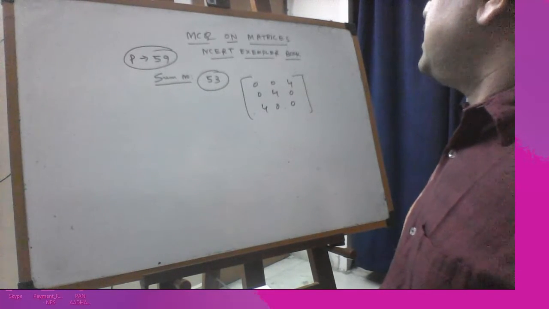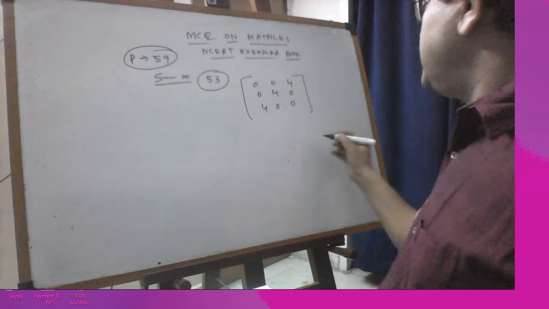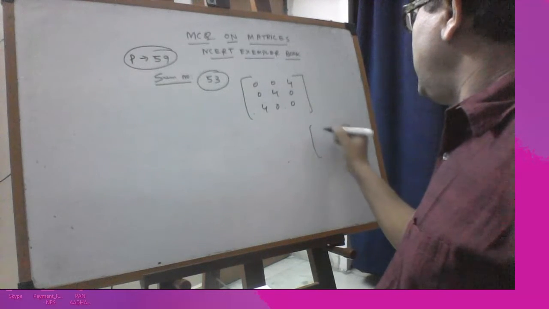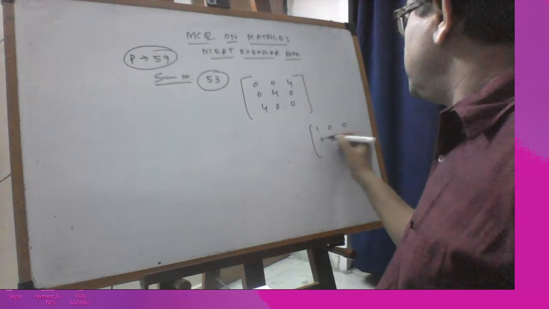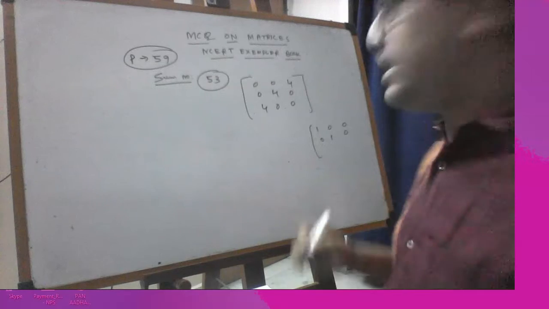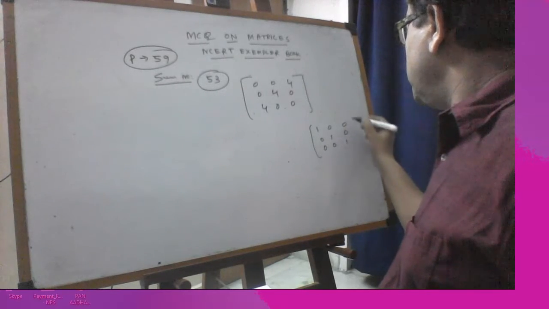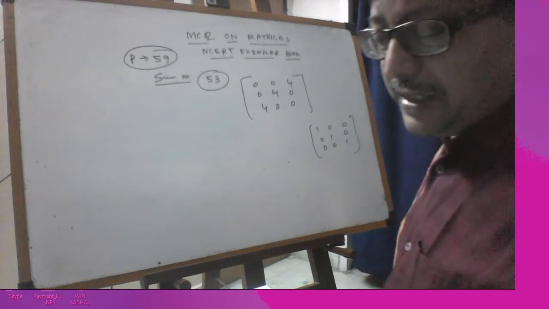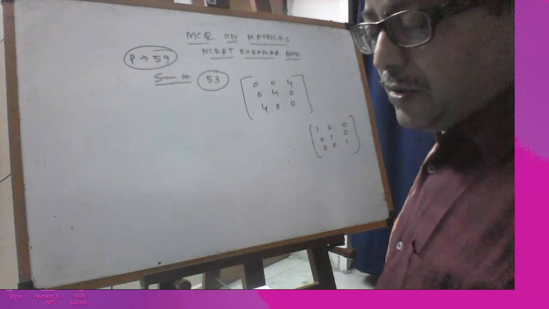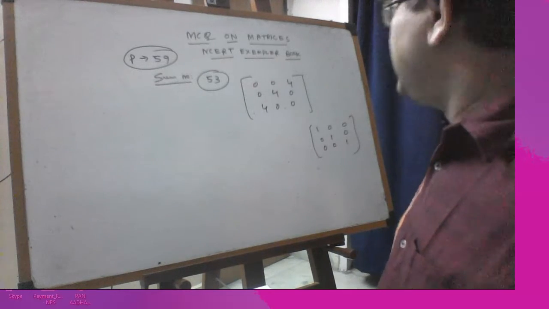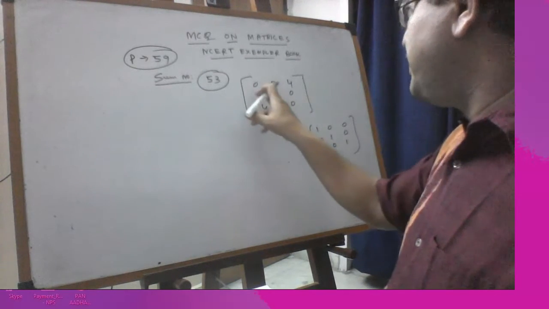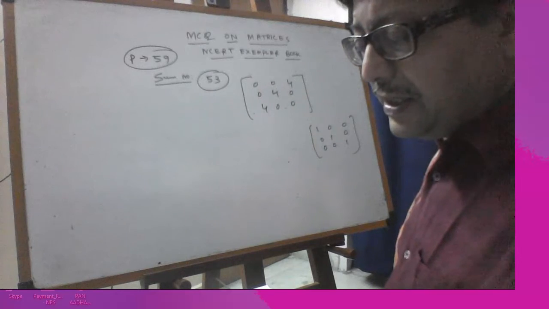This is not a unit matrix because a unit matrix is of the form 1, 0, 0, 0, 1, 0 and 0, 0, 1. So option C is not correct. It is not a diagonal matrix, because diagonal means principal diagonal elements will be there.